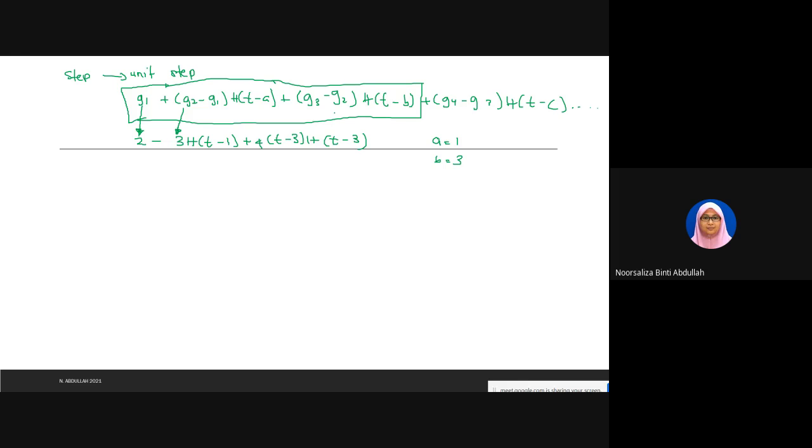And g3 minus g2 is this one. So g1 equals 2. g2 minus g1 equals minus 3, so g2 equals minus 3 plus g1, and g1 is 2, so g2 equals minus 1.